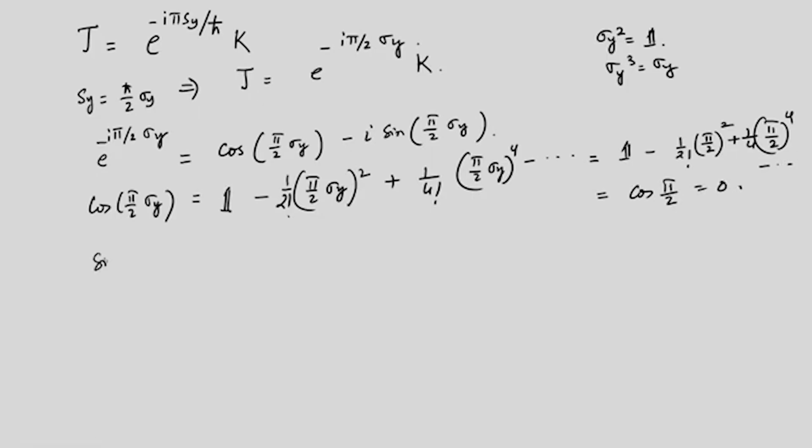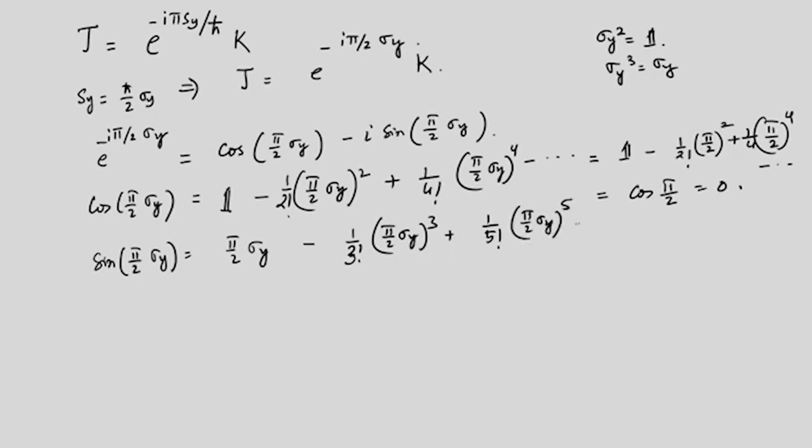And similarly, the sine of pi by 2 sigma y will have all the odd terms. So, this is equal to pi by 2 sigma y minus 1 by 3 factorial pi by 2 sigma y cube, and plus 1 by, not 3 factorial, I am sorry, 5 factorial pi by 2 sigma y whole to the power 5, and so on.